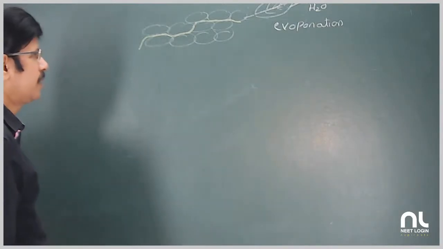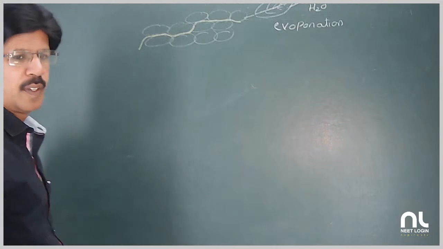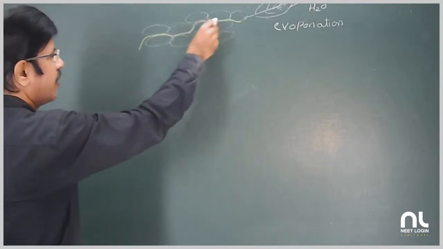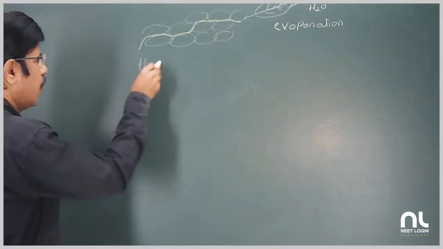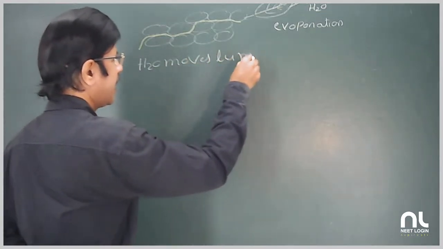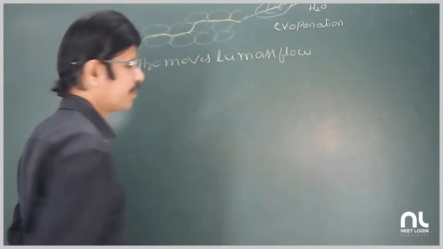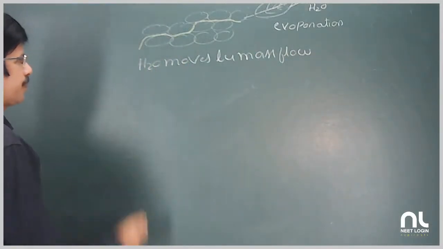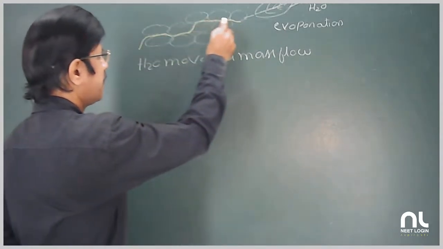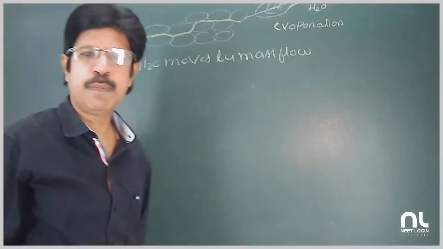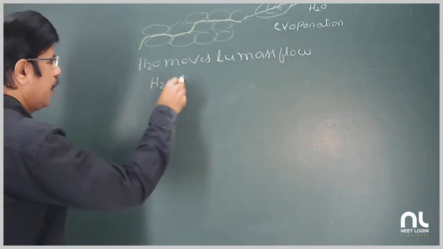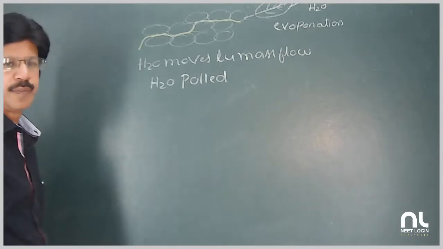So water is lost as vapor, and tension is created in the intercellular spaces of the cells. So water moves by mass flow. Water moves by mass flow through intercellular spaces as well as walls. Water will be pulled. This is in apoplast.